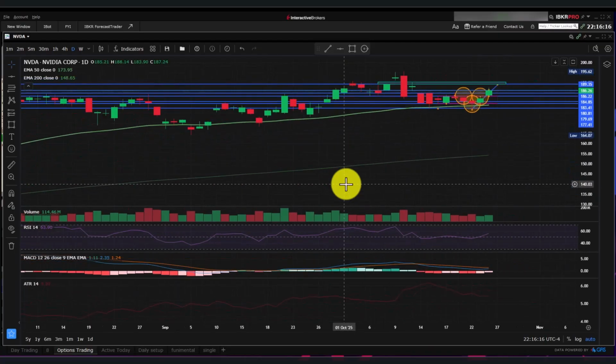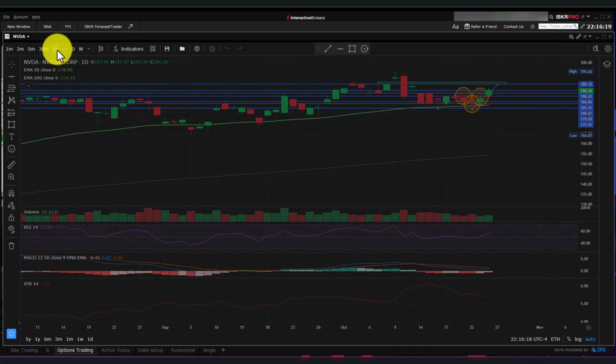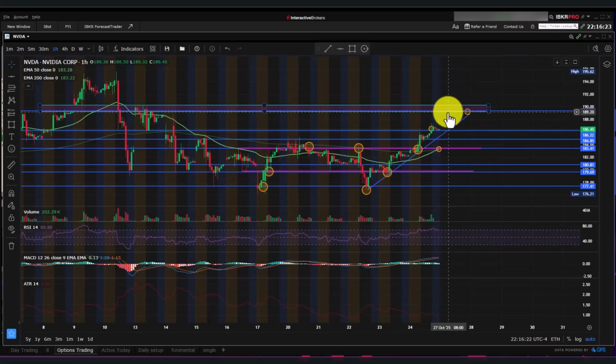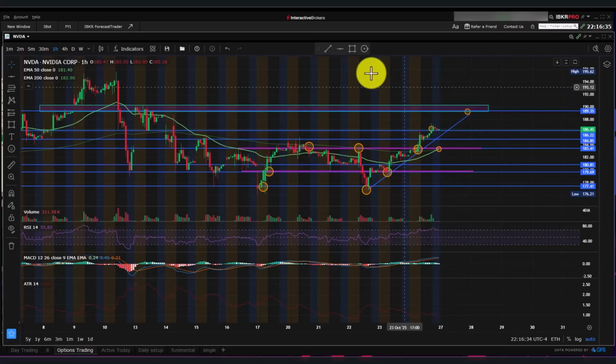So if Nvidia goes up $5, the average has been reached. So 186 to 190, let's say, almost $4. So if Nvidia moves on that day, I will be buying it here, selling it here. So a $4 move, right?